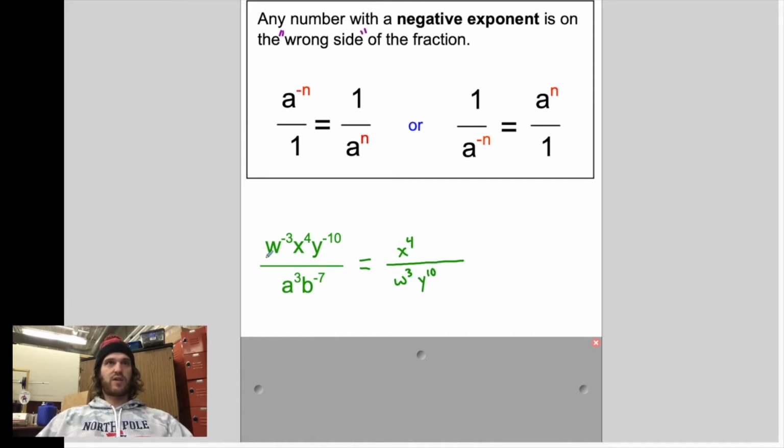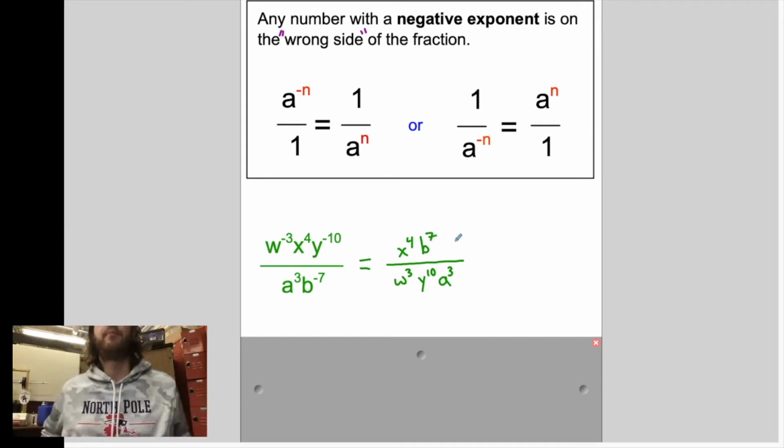Now we're done. We've done all the ones in the top, so we come down to the bottom. A to the 3rd. It's positive, so it stays right where it's at. A to the 3rd remains in the bottom. B to the negative 7th power, it's negative, which means it needs to be moved. So you're going to say B, put the 7 in the top, and now this is simplified.